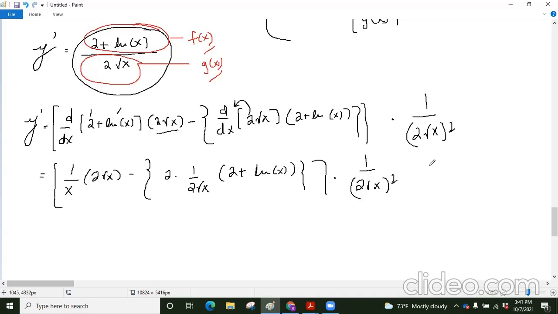And then, of course, all of this would be multiplied by 1 over 2 under root x squared. So hopefully you've been able to follow so far. And what we'll do now is you can clearly see that these 2's essentially cancel out, right?